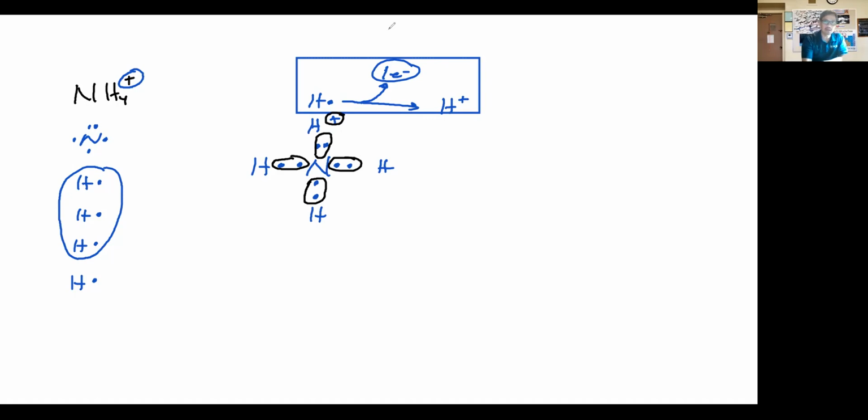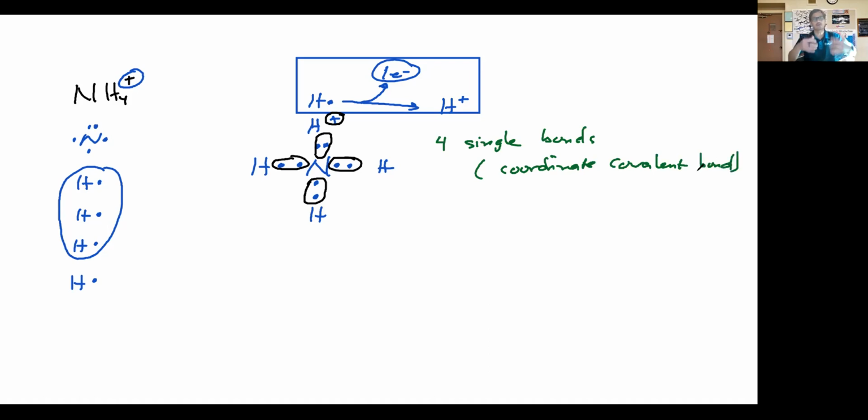Okay, and if we summarize this molecule here, we have 4 single bonds, one of which, and I'm going to put this parenthetically, is a coordinate covalent bond. And like I was telling you yesterday, a coordinate covalent bond is not a 4th category of bond.